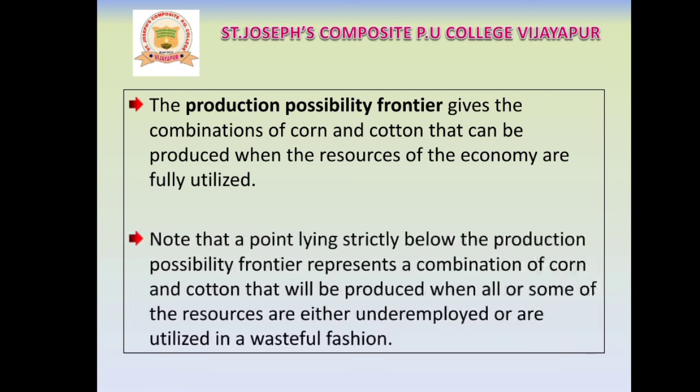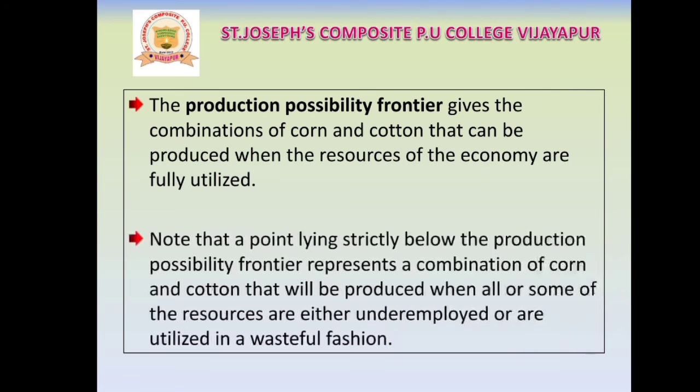That is, at points B, C, D, if we underutilize the resources, some part will be used for corn production, some for cotton production, and sometimes resources will be unutilized or underemployed. That is what we can observe in the diagram at points B, C, D.